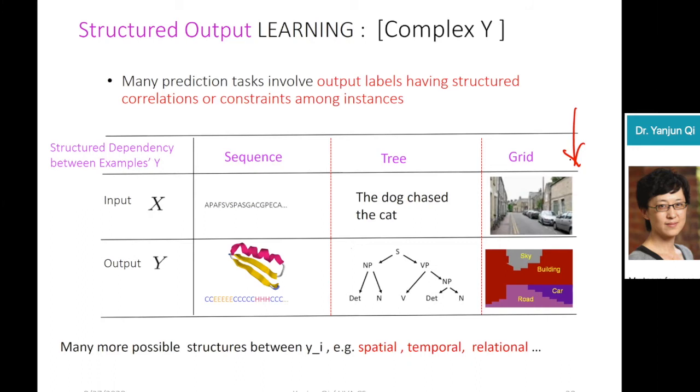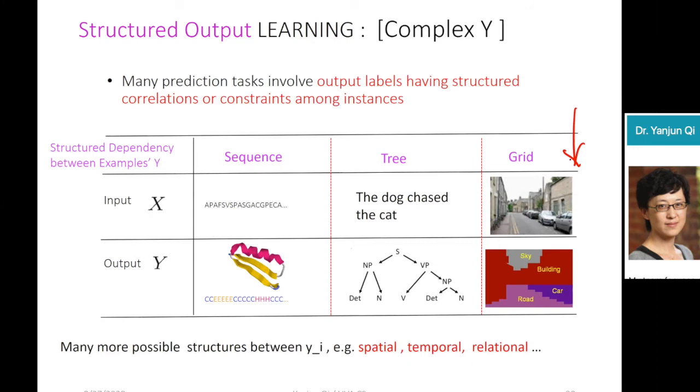The prediction of a pixel is in fact highly dependent on the prediction of its surrounding neighbors. So when you're making predictions, you really need to consider its neighbors' predictions too. Again, I'm not predicting the whole image. My samples now are pixels in this image.